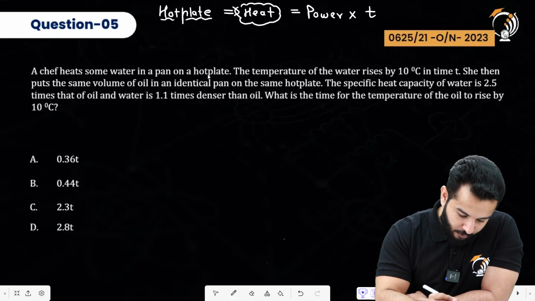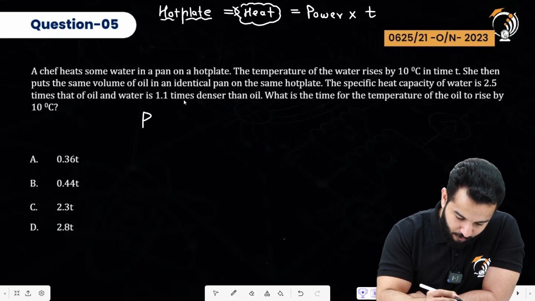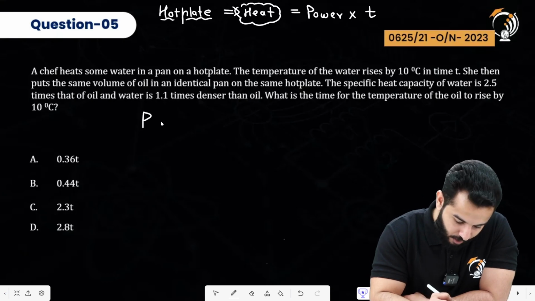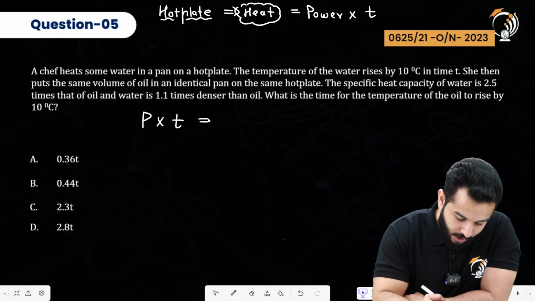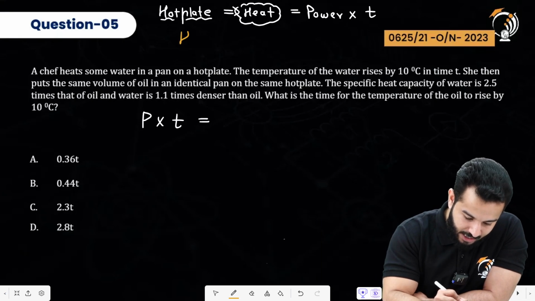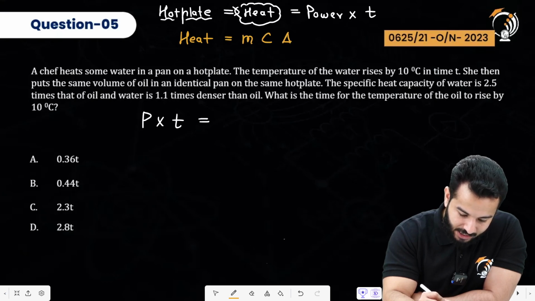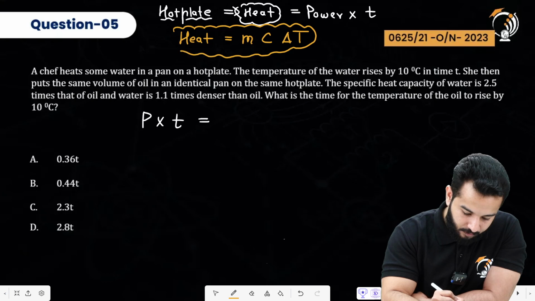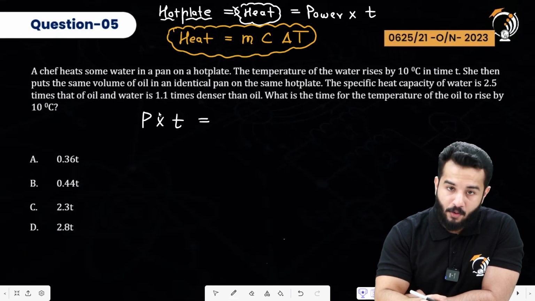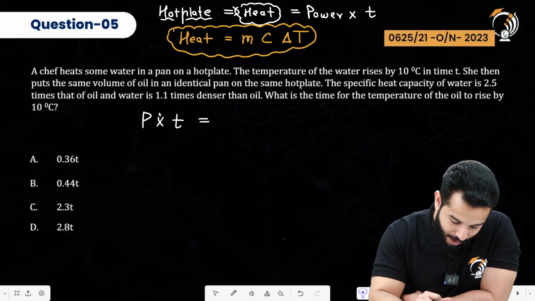Now let me write it. Let's suppose the power of the hot plate is P, and initially when we were heating the water, the time was T. So P times T equals, the formula I'm using is heat equals mass times specific heat capacity times change in temperature. Instead of heat, I have written power times time.